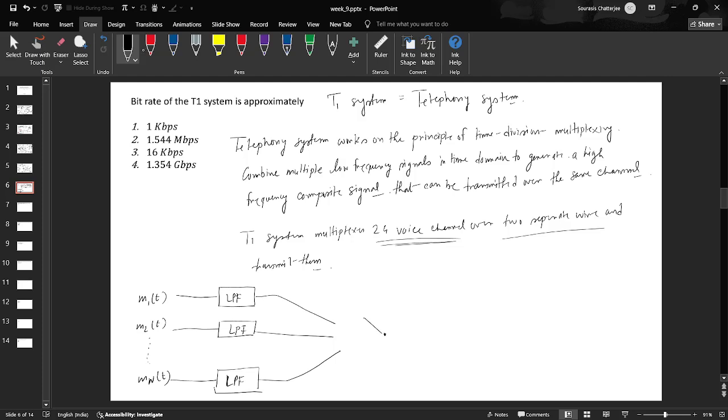A commutator is something like this. At a time it picks a sample from this line, then it rotates, picks from this, then picks from this line, like that. That's how a commutator works. So here you get the composite signal.